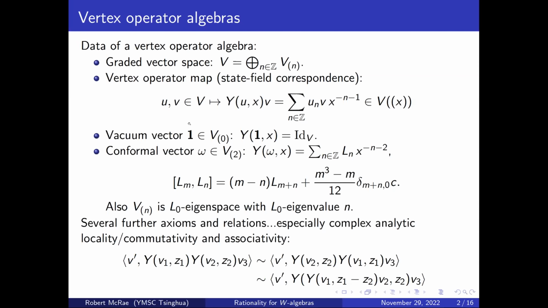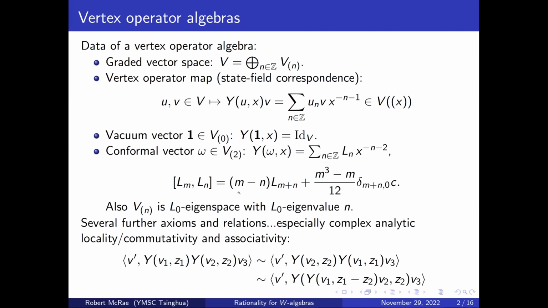There's a vacuum vector, which is in the degree 0 component, and the vertex operator associated to the vacuum is the identity operator. We also have a conformal vector living in degree 2, and the coefficients of powers of x in the vertex operator for omega span the Virasoro Lie algebra.